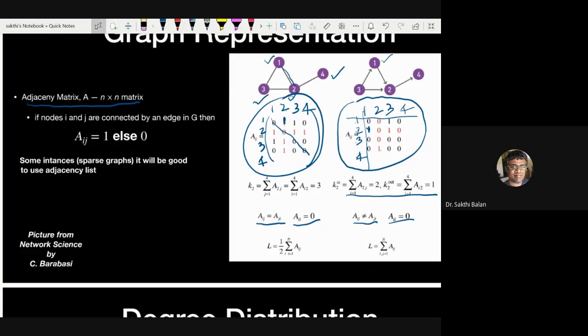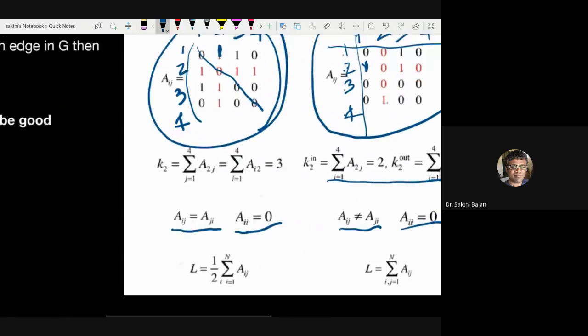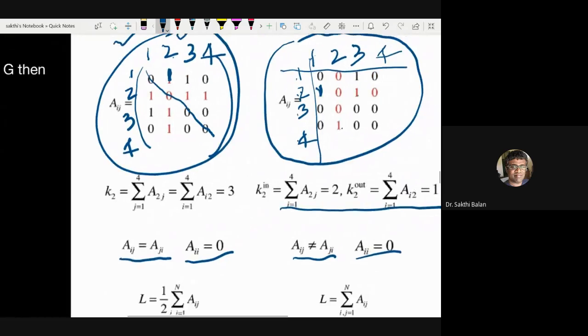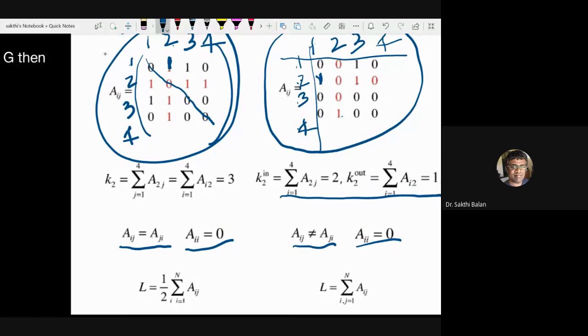And the number of links that you get, L, is nothing but the number of links. So the number of links in a graph is nothing but you sum up all the entries Aij, looking at all the entries, and then you divide it by 2, and you will get the number of links.